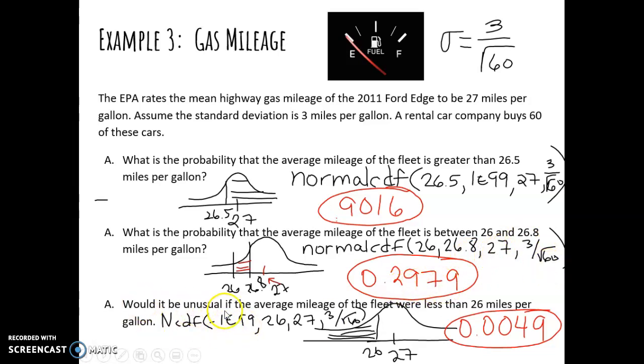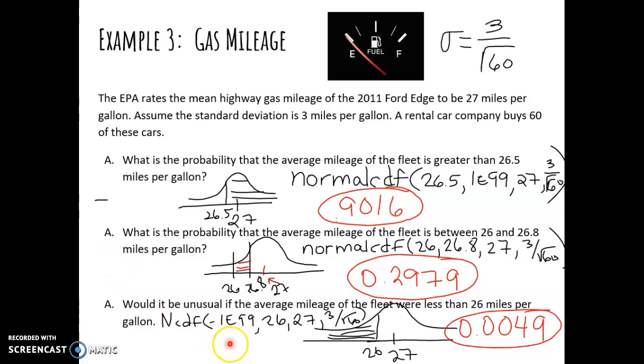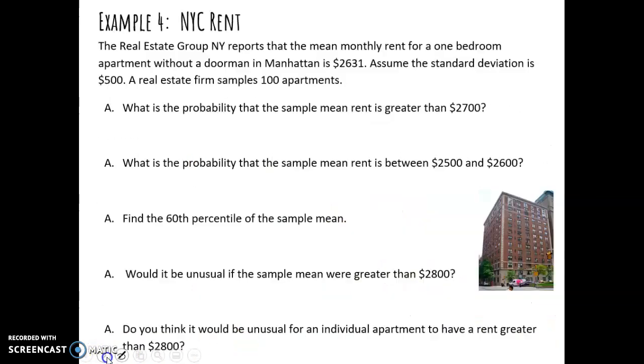And last, would it be unusual if the average were less than 26? So we did normal CDF, negative infinity, 26, 27, 3 over square root of 60, and got 0.0049. That is less than 0.05, so yes, it would be unusual.